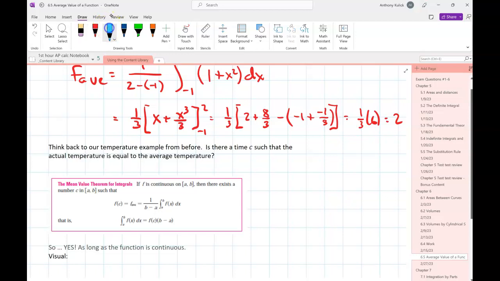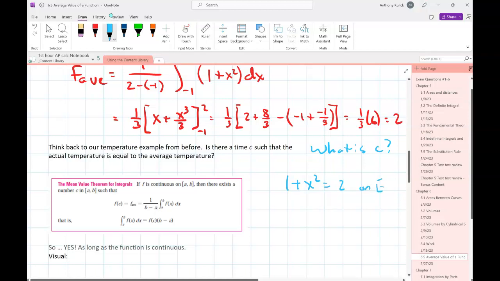So if we go back to the previous problem, and we want to know what that C is, well, we're just looking for the place where 1 plus x squared is equal to 2 on the interval from -1 to 2.